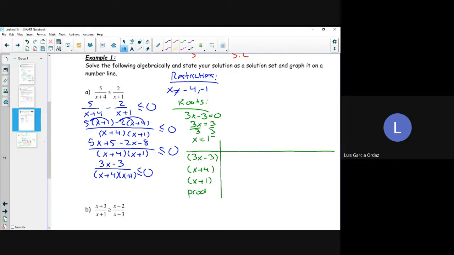So you have negative infinity. Remember, with the sign chart it's from least to greatest. We have negative 4, negative 1, positive 1, and infinity.